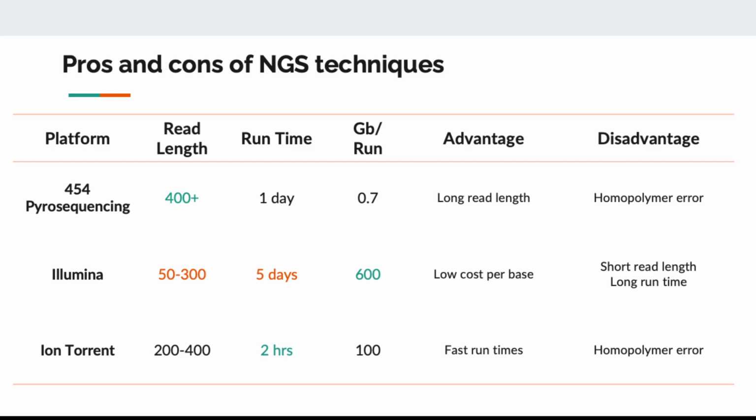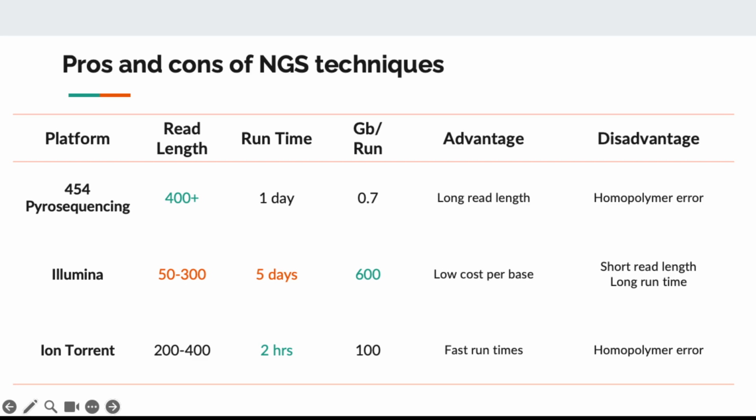These 3 techniques, I'm going quite quickly because I'm pretty sure you're familiar with most of this, but we're going to slow down for the 3rd generation because that might be new to you. Among next generation sequencing techniques, there are pyrosequencing that uses visible light, Illumina that uses fluorescence, and Ion Torrent that uses pH.